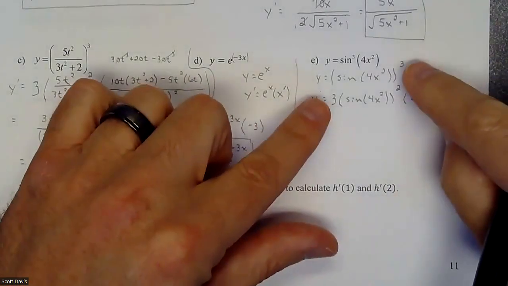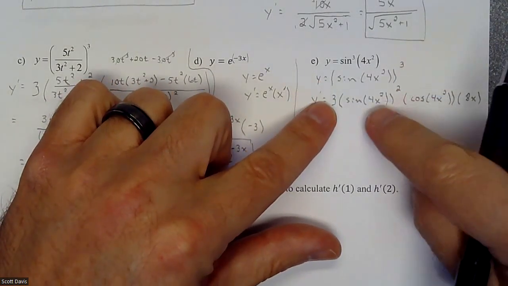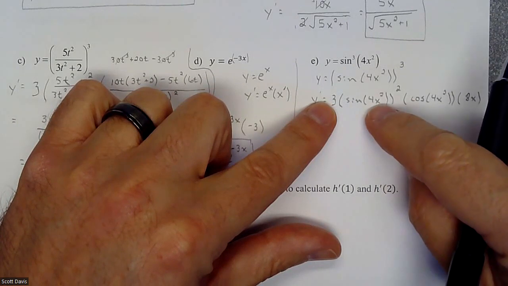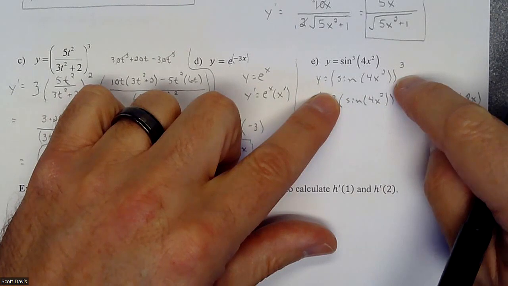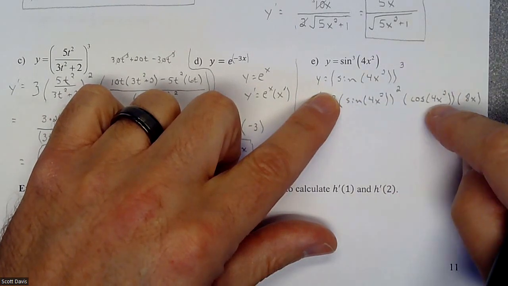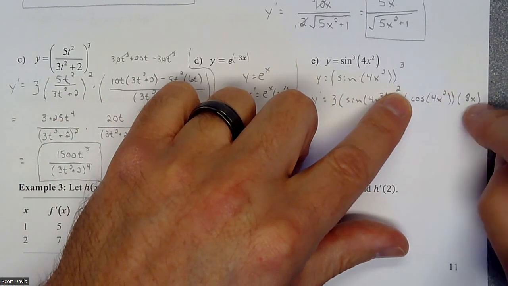So we'll do that again. The derivative of the outside comes down, and the inside doesn't change, and then we're doing the derivative of the inside, but it is its own chain rule. So the derivative is cosine 4x squared, and then we're left with the derivative of the inside of that.